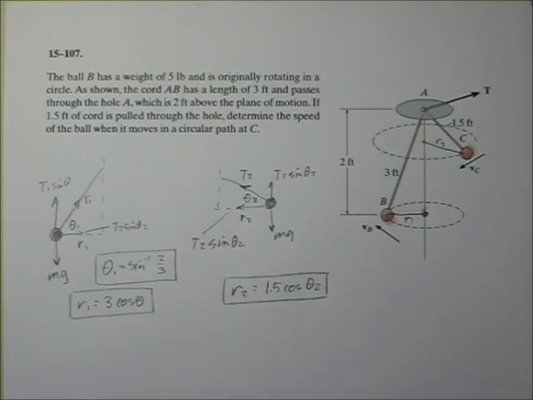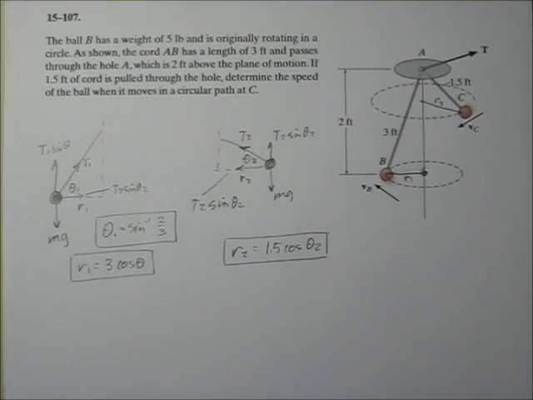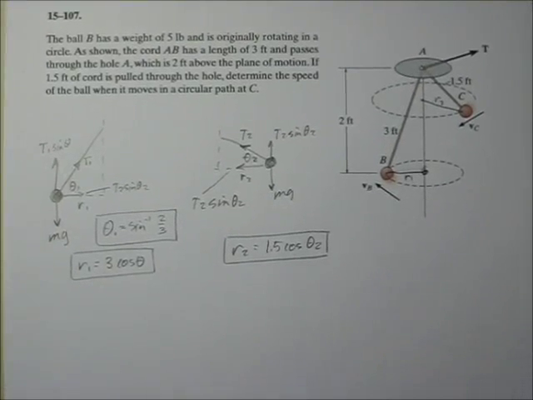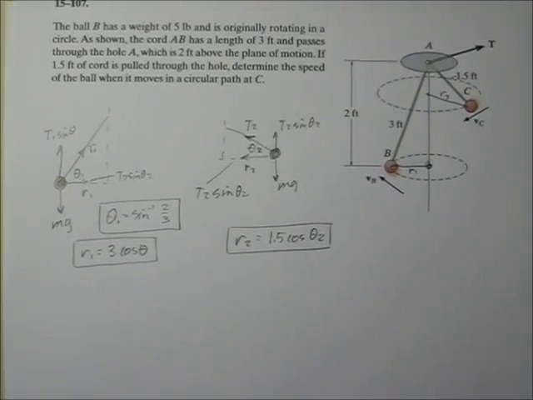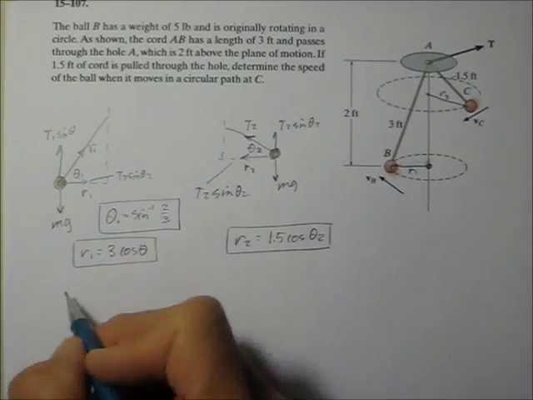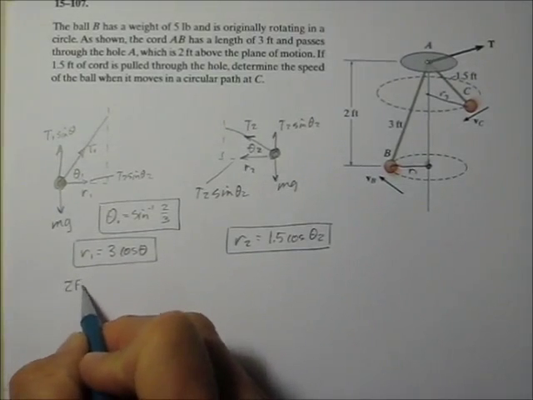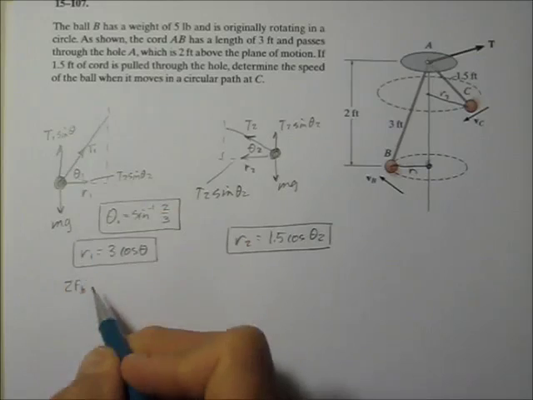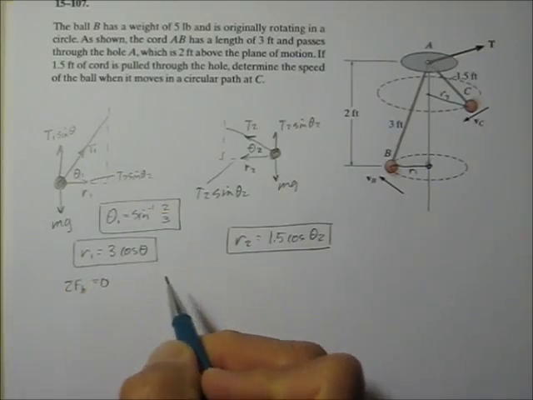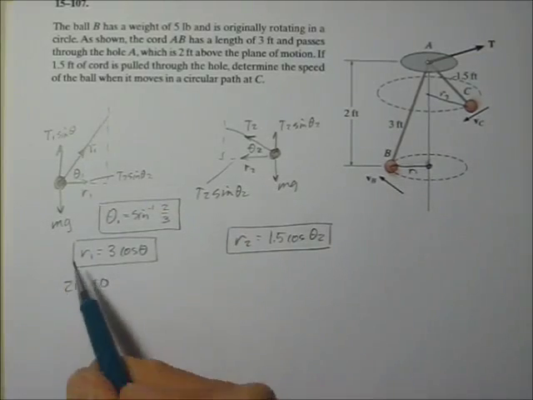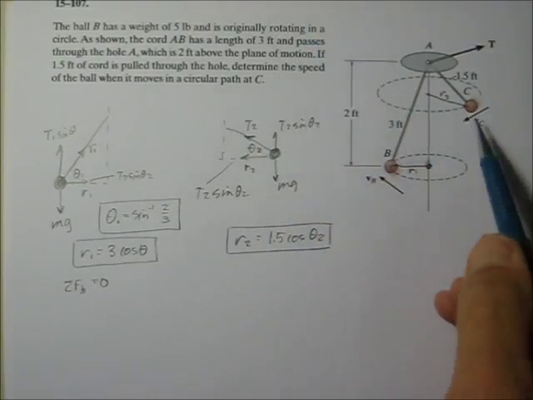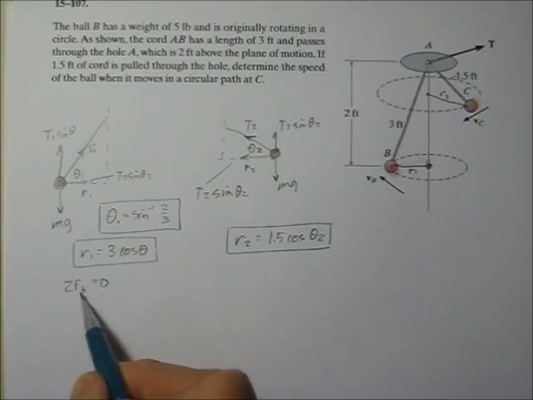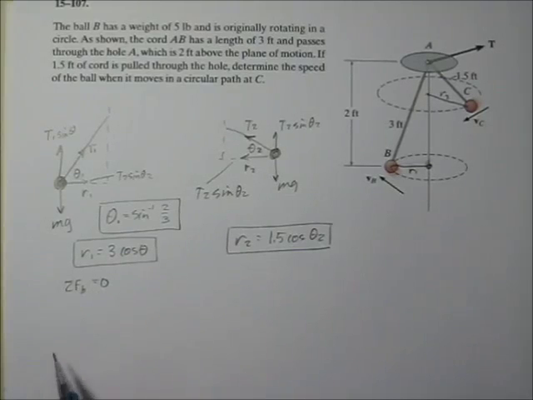Next thing to do is recognize that this is an Newton's second law problem as well as a conservation of momentum problem. So let's write our assumptions here. If I sum the forces in the b direction, which is this direction, those are going to be equal to 0 because it's steady state at the 2 states. So steady state in this case, then I pull the string, now it's steady state again. So at each condition, the sum of the forces in the b direction is equal to 0.